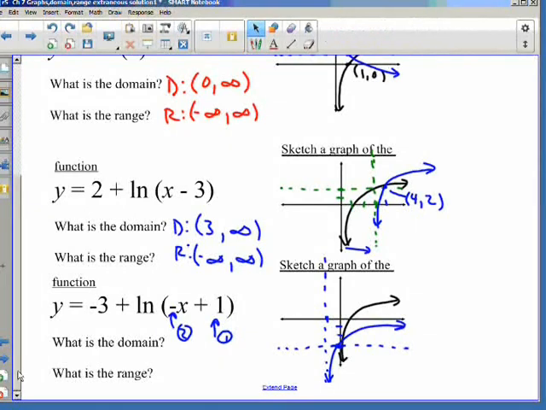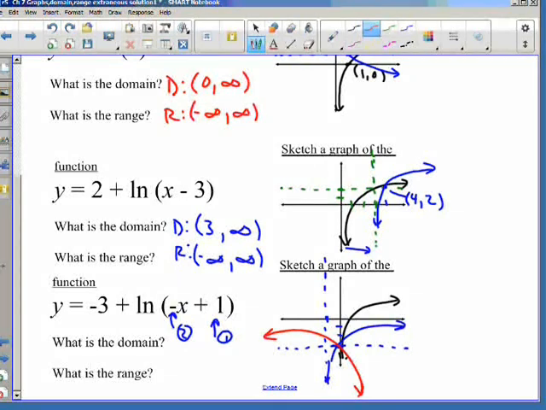Now to reflect it horizontally, I'll just do a mirror over the y-axis. So that becomes a graph something like this.